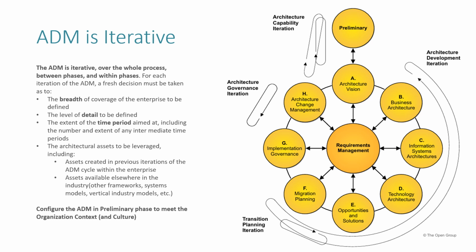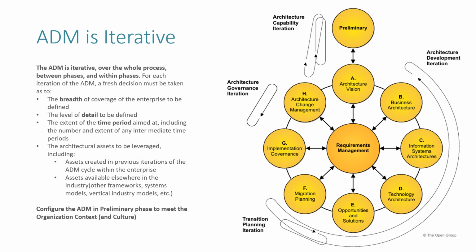Similarly, while the project implementation is ongoing, we might identify some changes in the architecture. We capture those changes into requirements management. We might incorporate those changes depending on whether it's small or very big. Then we can initiate a new ADM cycle.